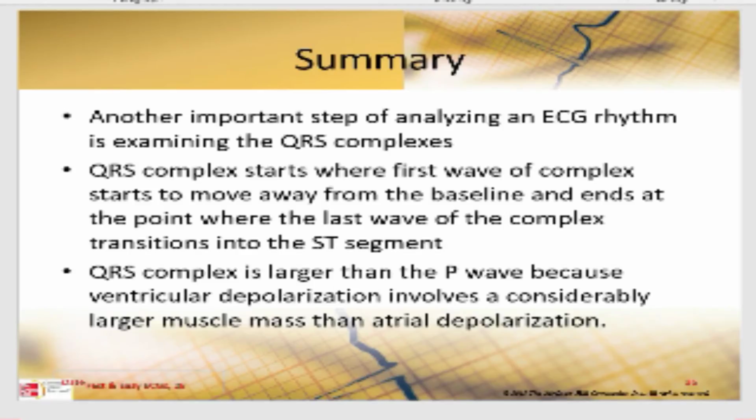So, to summarize, the QRS complex is the next step in analyzing your EKGs. The QRS starts where the first wave starts to move away from the baseline, and where it starts to come back is where it ends. The QRS is larger than the P wave because there's more muscle involved, and the ventricular depolarization uses a larger area of muscle, so it takes longer.